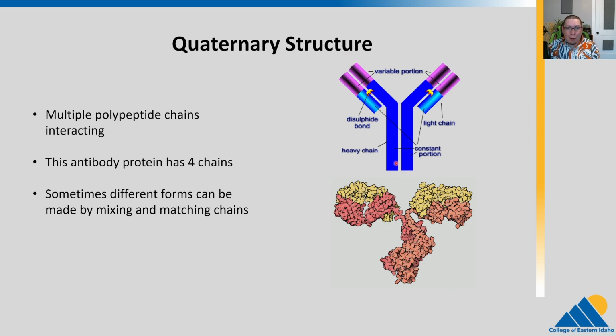The cartoon diagram, they look like a Y, but they kind of look a little bit crazier here in the actual 3D diagram. These 4 chains interact with one another, and that's kind of cool because you can sometimes differ the forms by swapping bits out and mixing and matching and stuff like that. So they can have slightly different functions then.